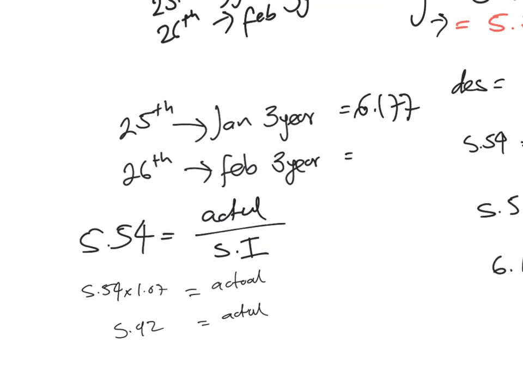So for the third year on February, we have an unemployment rate of 5.92.